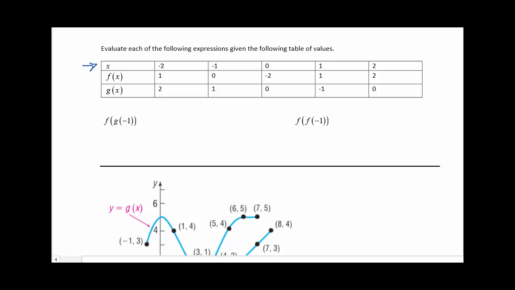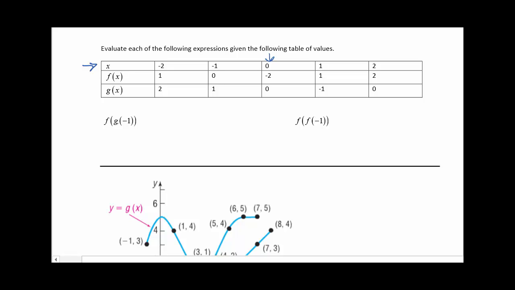So when x is negative 2, in the f function we have a 1, and the g function we have a 2. Over here we have 0. That would translate to be that f has an ordered pair of 0, negative 2, and g has an ordered pair of 0, 0. Okay.